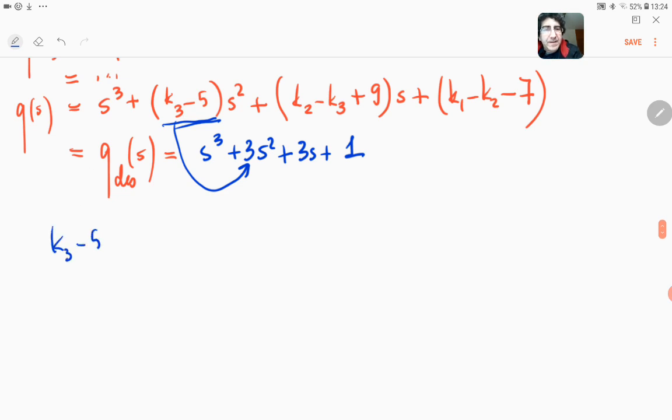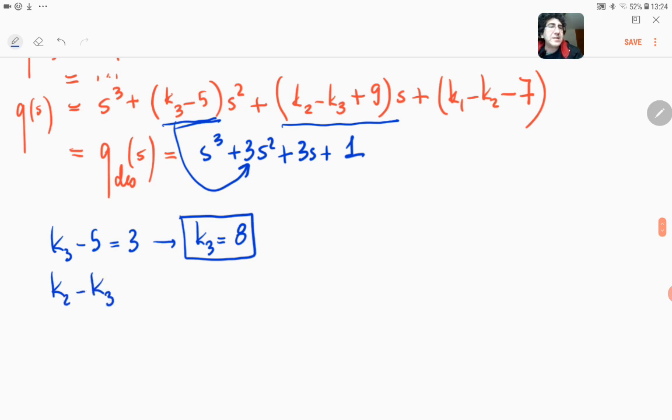K3 minus 5 has to be equal to 3, and that means that we can readily calculate K3 out of the box. Okay, let's consider the second equation. We have K2 minus K3, with K3 known, plus 9 has to be equal to 3.